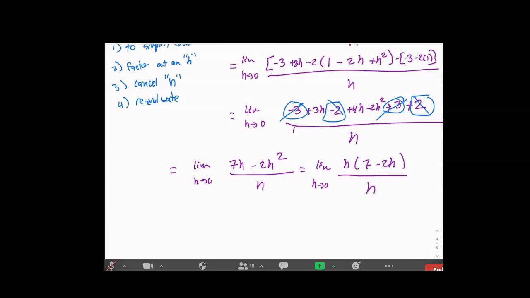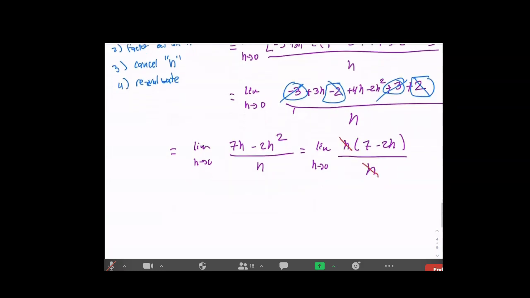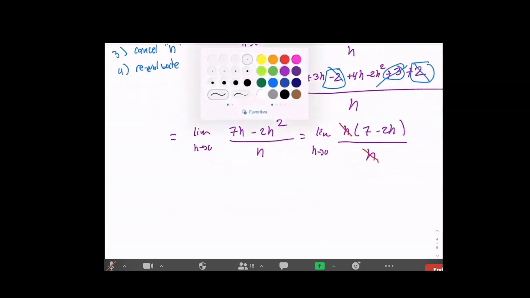The h's will always cancel out if you've done this correctly, but only once you've factored can you cancel them. Equals the limit as h approaches 0 of 7 minus 2h.